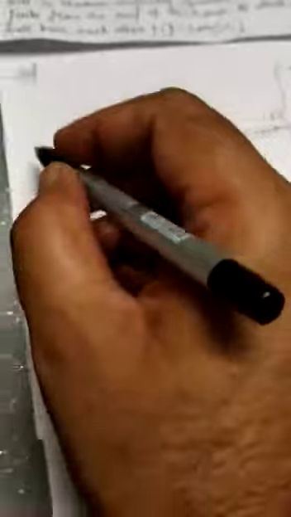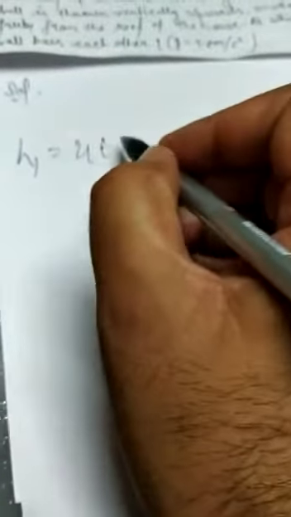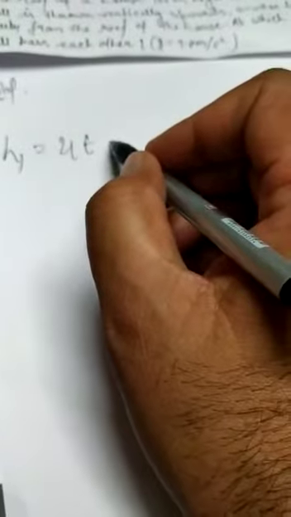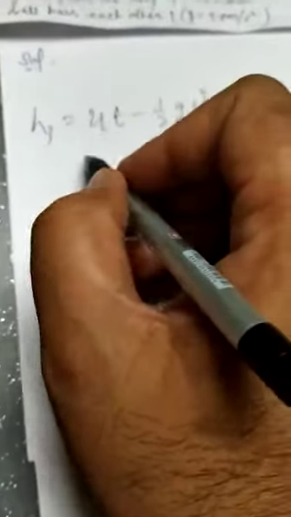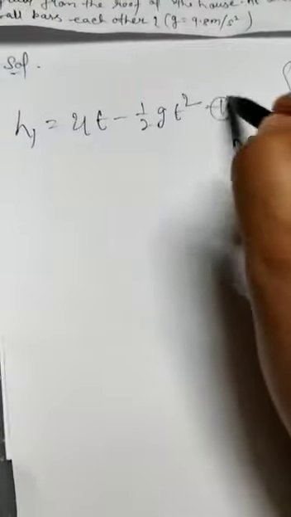For the first ball, the distance is h1, so h1 equals ut, but the ball is thrown upwards, so g is negative: h1 = ut minus half gt squared. Time is considered t. It is the first equation.